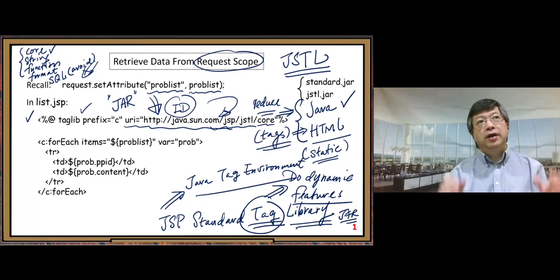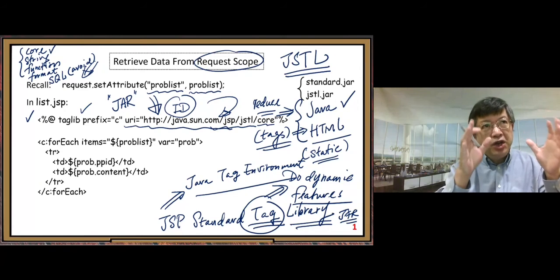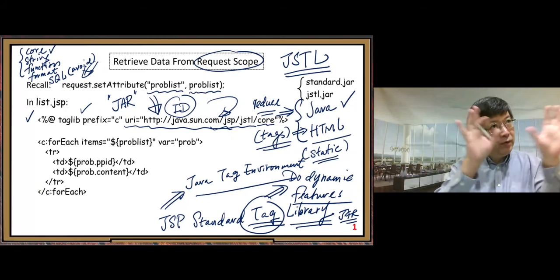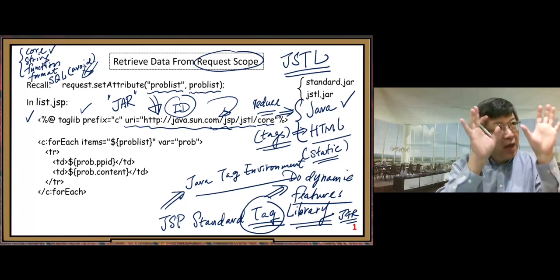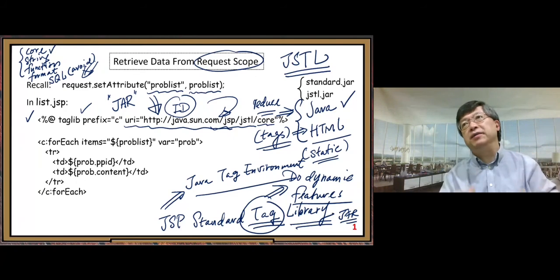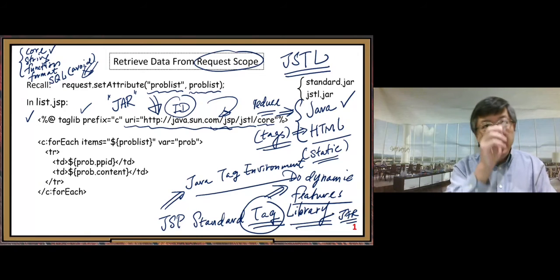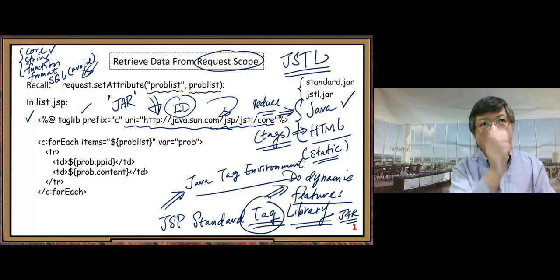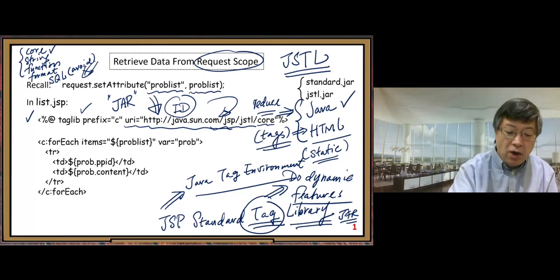programming part, in our list.jsp. Now when we do the programming, we're using the tag way to display the data. Here you can see all the JSTL tags from the core package. We use the c: prefix.